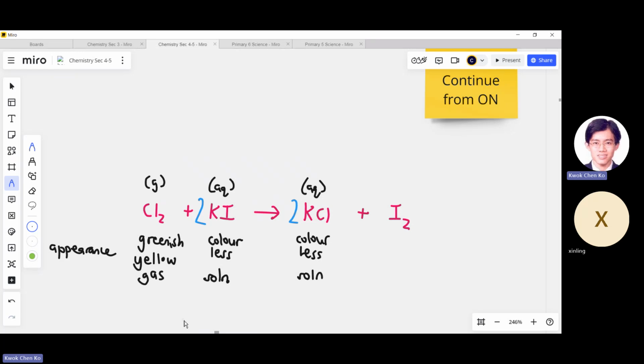This is the tricky one. Just now I told you it's a solid. Yes, it is, but this one you may want to take notes. It can partially dissolve in water. So I can actually write aqueous here as well instead of solid.